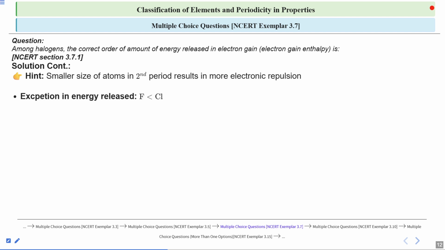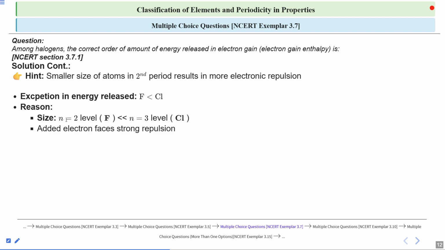So due to this small size, fluorine is very small, therefore it will experience a much greater electron repulsion, and hence chlorine will be facing an easy path to accept that electron.